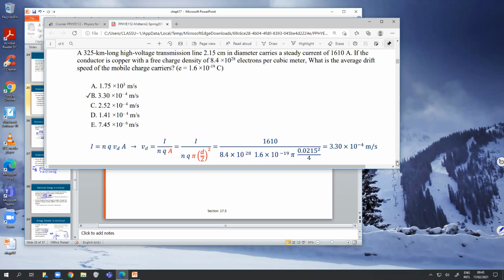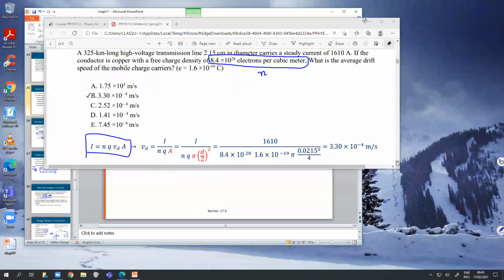A 225 kilometer long high voltage transmission line, 2.15 centimeter in diameter, carries a steady current of 1610 amperes. If the conductor is copper with a free charge density of 8.4 times 10 to the power 28 electrons per cubic meter. So this is the density of the charge carriers.